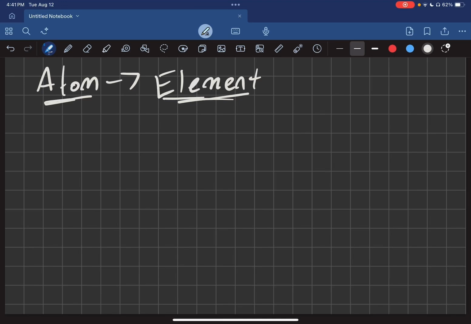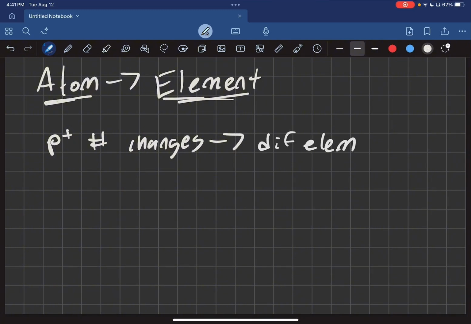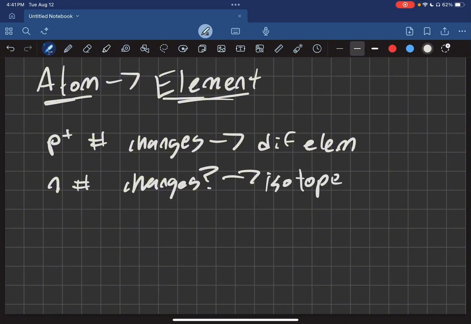Now we just saw if a proton number changes, different element. What if the neutron number changes? What if this one changes? If that changes, we get into our next categorization, which is the isotope. A given element can have multiple different isotopes because the same number of protons can be in a nucleus with differing numbers of neutrons.